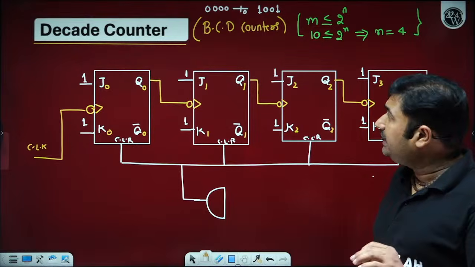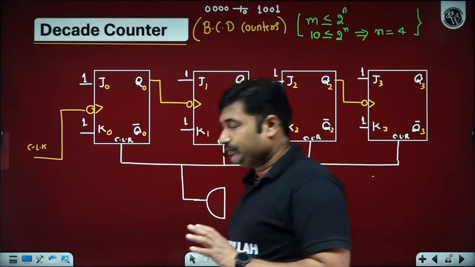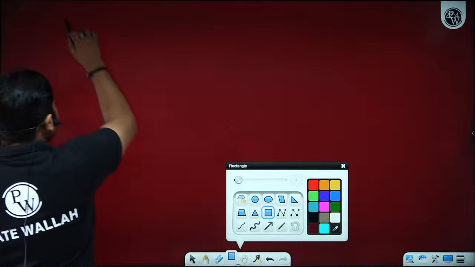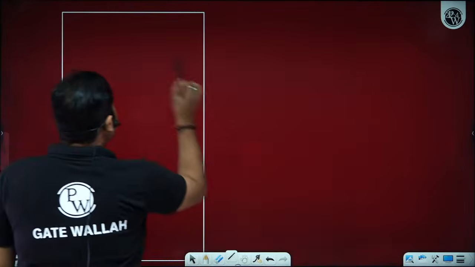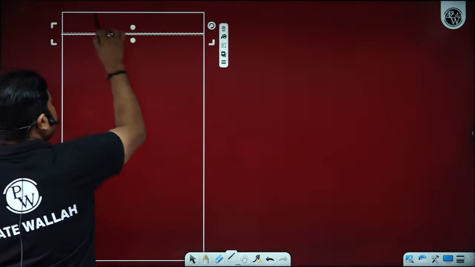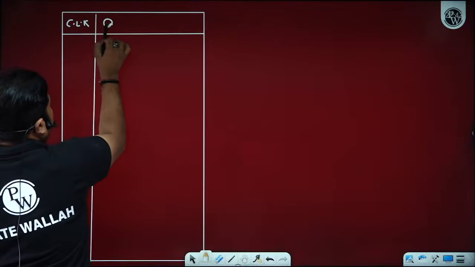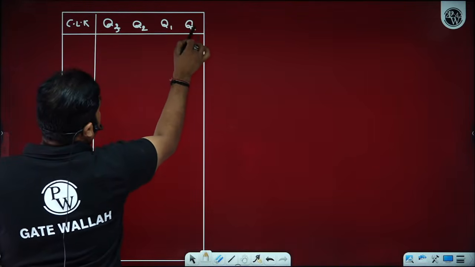Next, we want only the valid states from 0000 to 1001. So how is it possible to have states from 0000 to 1001? All of you can observe the up counter. We have the clock, Q3, Q2, Q1 and Q0.